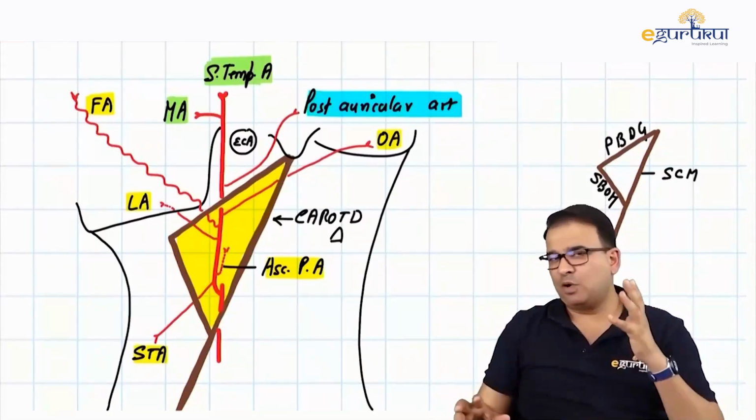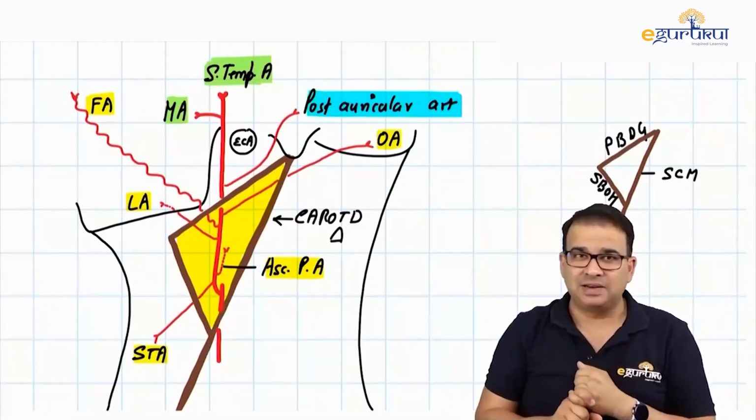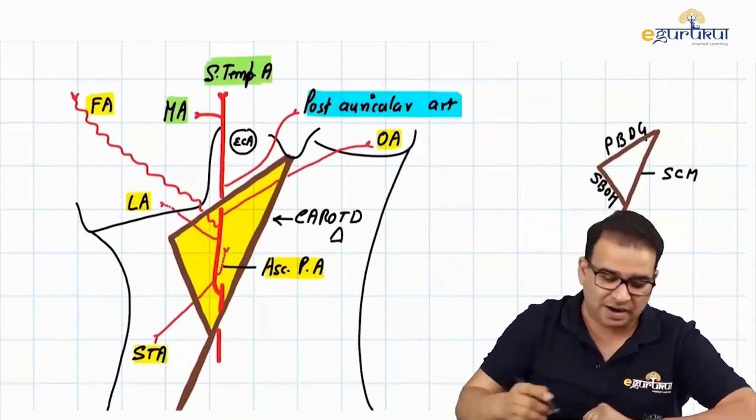Okay, once we have an idea about where these arteries are to be expected, let's take the two major branches, guys, the facial and maxillary artery, and I'm going to start with the maxillary artery first.